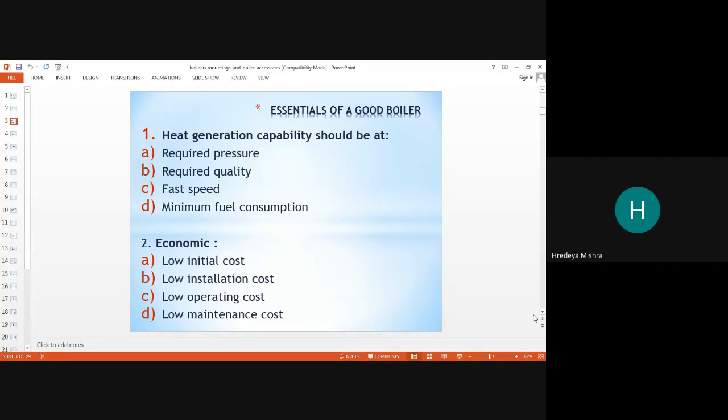Next is economic, which means it is related to cost. All costs should be low: low initial cost, low installation cost, low operating cost, and low maintenance cost.